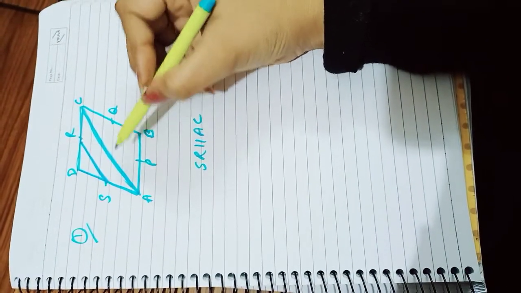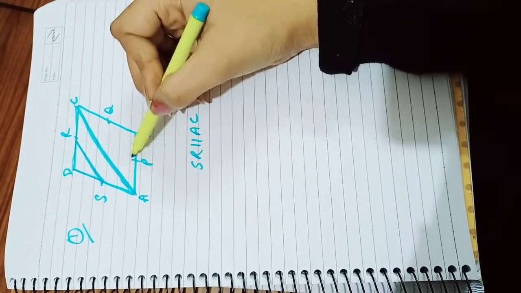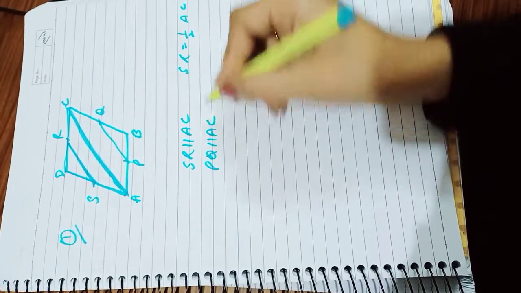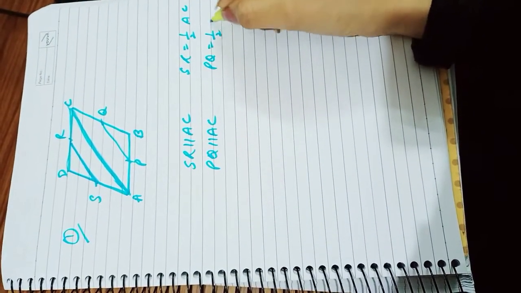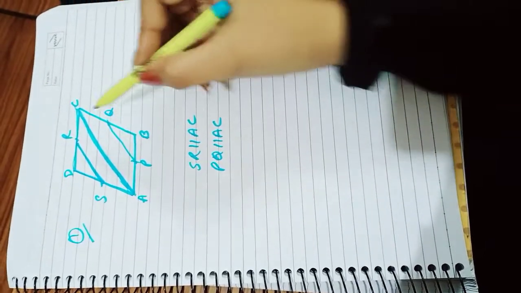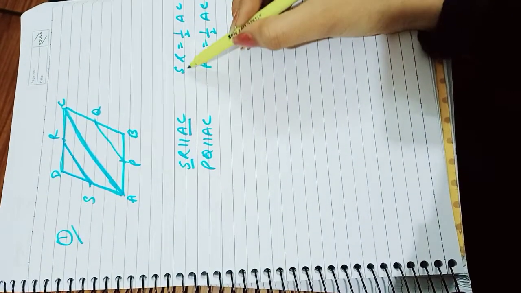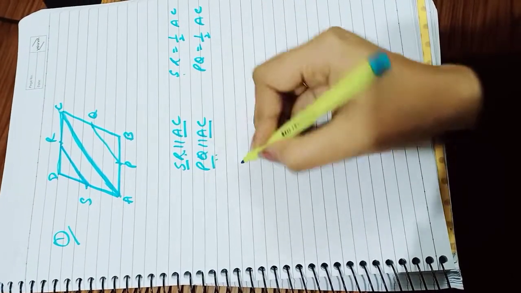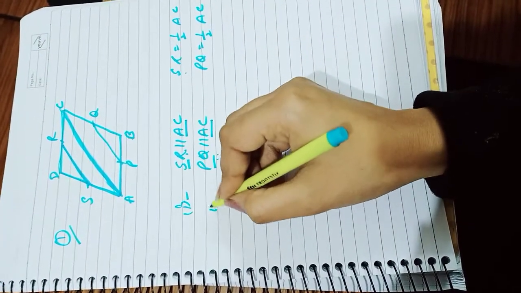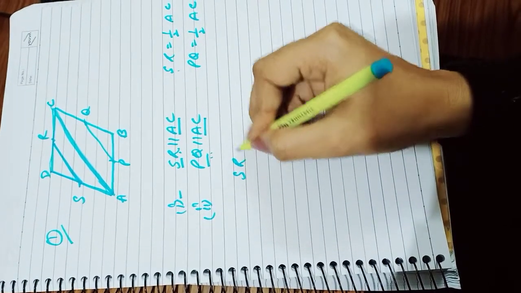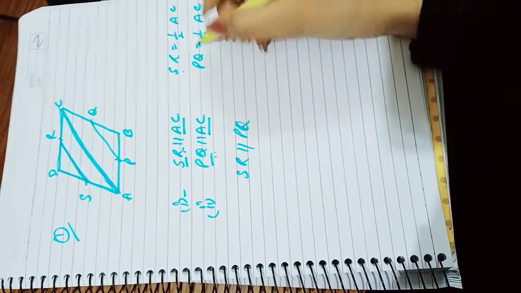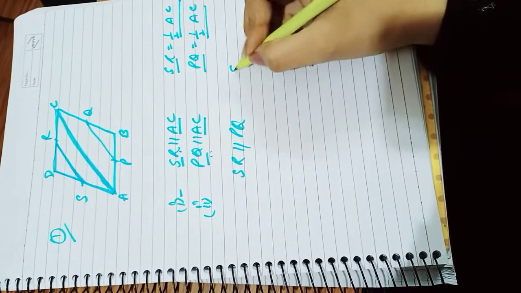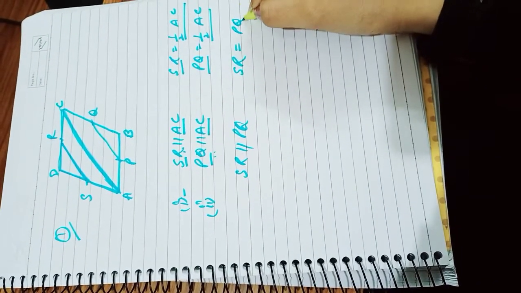In triangle ABC, PQ would be parallel to AC by the midpoint theorem and PQ would be half of AC. SR is parallel to AC and PQ is also parallel to AC, so by using 1 and 2, SR would be parallel to PQ. And SR equals half of AC, PQ equals half of AC, so SR equals PQ.